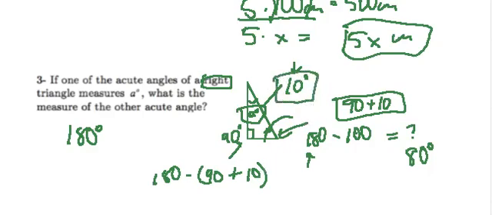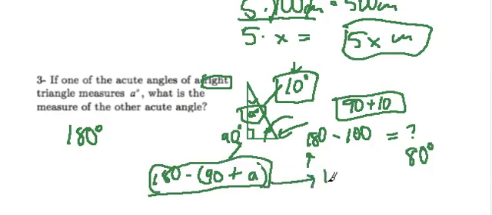So if I go back in and replace that 10 with my variable, I'll have my expression. It wasn't 10 degrees, 10 was just standing in for a degrees. So my expression is 180 minus the quantity 90 plus a. I think I'm going to simplify this. I'm going to distribute that negative to get 180 minus 90 minus a, and that becomes 90 minus a degrees.